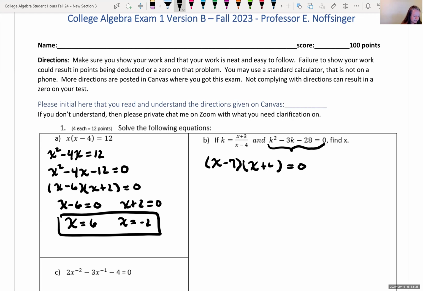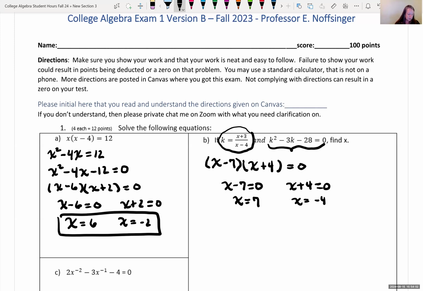And so this factors as the quantity k minus 7 times the quantity k plus 4 equals 0. Setting each factor equal to 0 and solving, I have k minus 7 is equal to 0, and that is when k is 7. And I have k plus 4 is equal to 0, and that is when k is equal to negative 4. So now we're going to the equation k is equal to x plus 3 all over x minus 4.